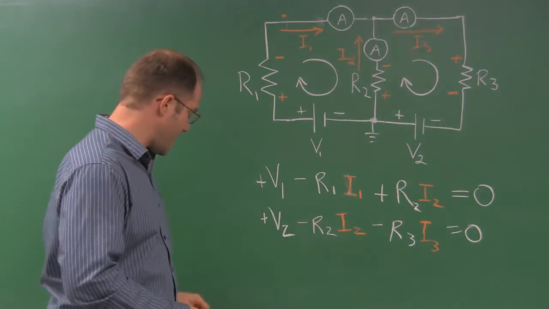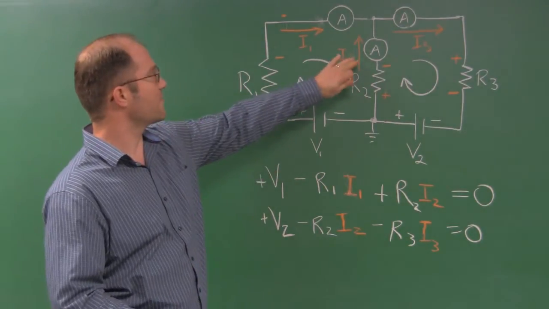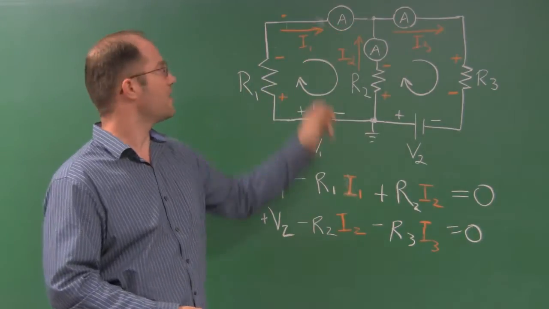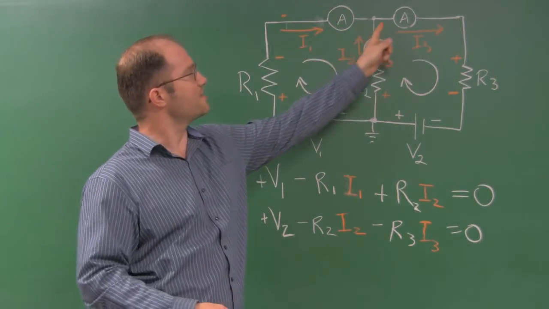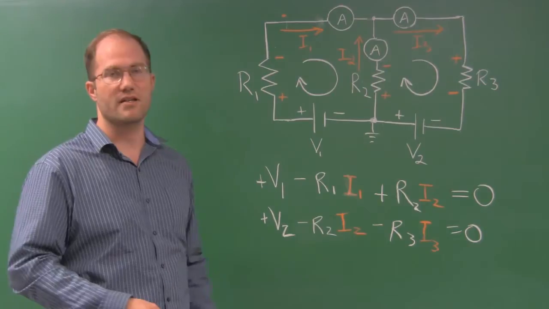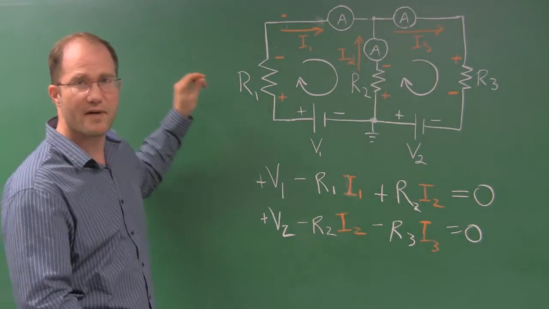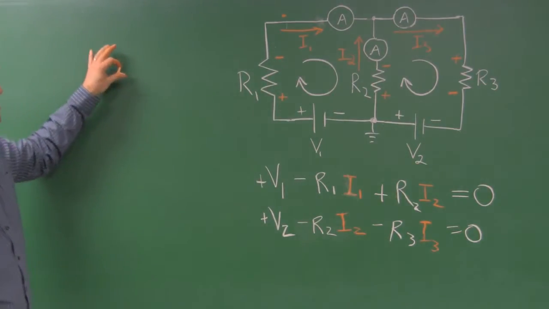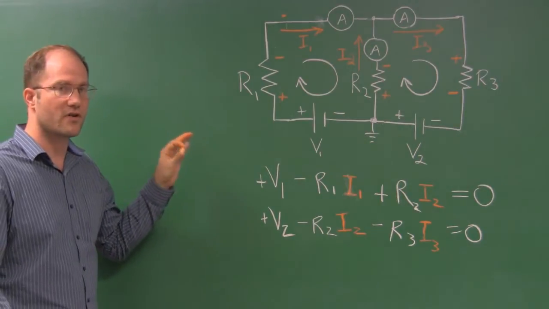And so doing that, I take a look here, the currents going into the junction are I1 and I2, and the current leaving the junction is I3. And so with that in mind, let me make an equation over here. This is Kirchhoff's law for current junctions.